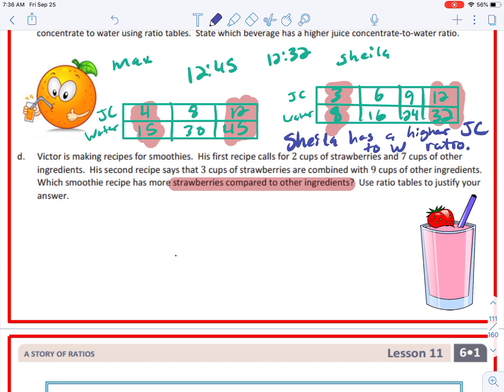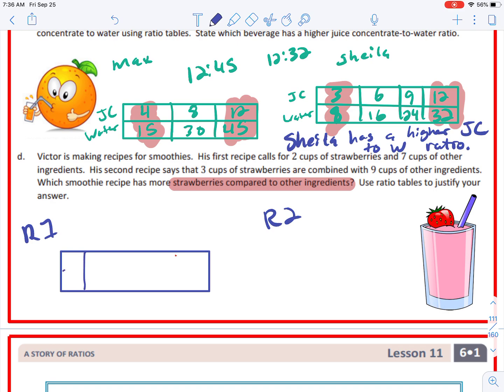Recipe 1 goes over here. I'm just going to put R1 and R2. We're comparing strawberries, S, and other. The first ratio was 2 to 7, so I'm going to complete my table.